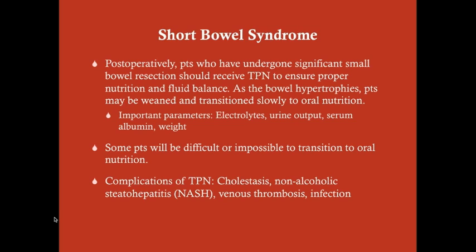But the important thing to remember about short bowel syndrome is that in the acute phase after small bowel resection, you're going to have to put the patient on total parenteral nutrition and then wean them off so that you don't have this malnutrition.